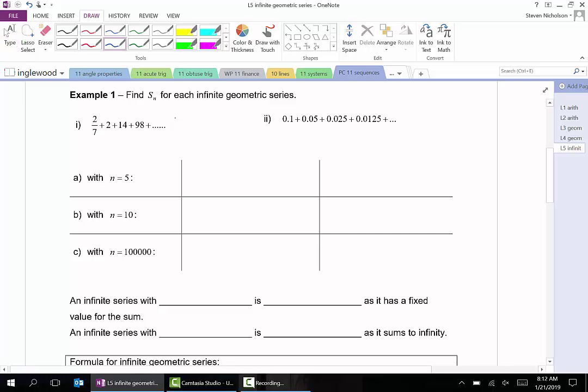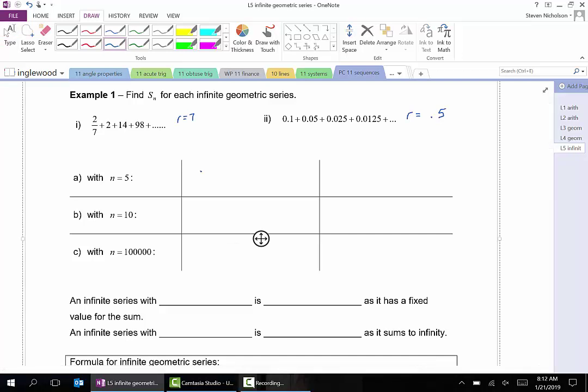This one right here, r is equal to 7, and this one right here, r is equal to 0.5. So 0.05 divided by 1 is 0.5, and 0.025 divided by 0.05 is 0.5.